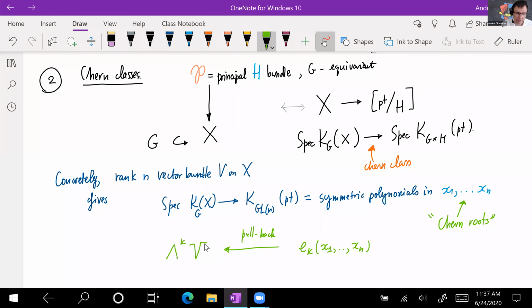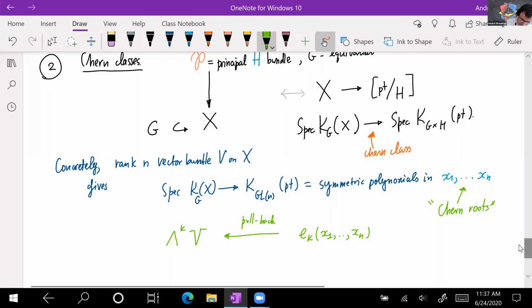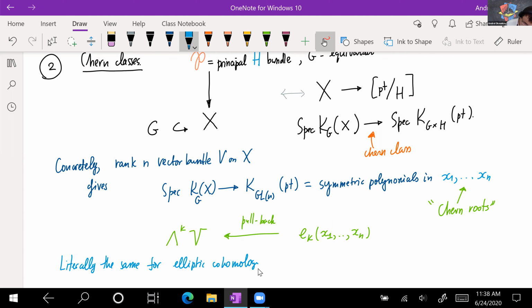And it's literally the same for elliptic, except now the target is elliptic homology of GLn of a point, which we decided is E^n mod S.